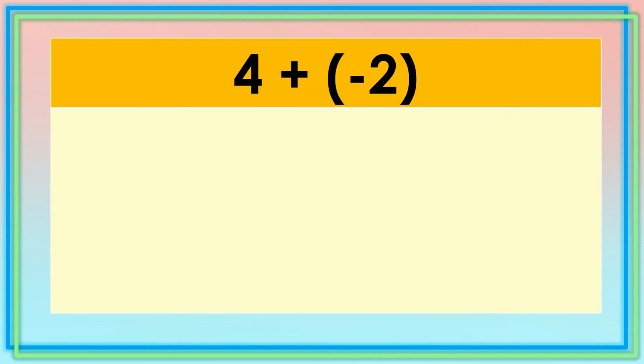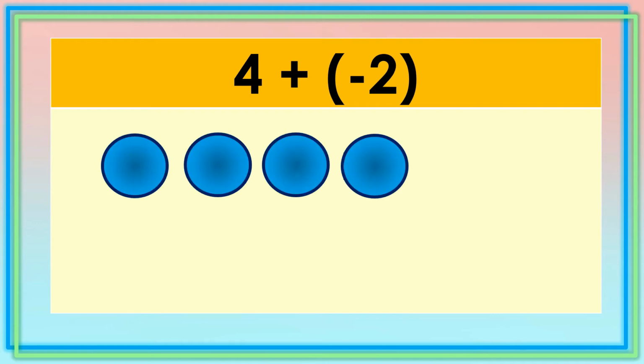Let's have another example. In this case, we have positive 4 plus negative 2. Sa positive 4, ano ang chip na gagamitin natin at ilan? Correct, gagamit tayo ng 4 na blue chips. 1, 2, 3, and 4. Next, negative 2. Anong chip ang gagamitin natin at ilan? In this case, gagamit tayo ng 2 red chips.